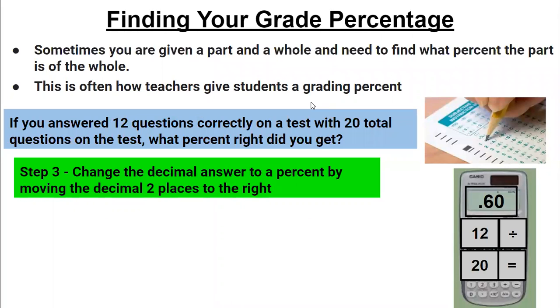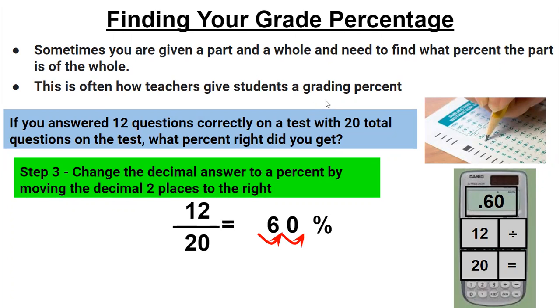We move the decimal 2 places to the right. Anyways, 12 over 20 equals 0.6. Let's move that decimal 1 spot and 2 spots, and the new decimal goes there, and the old decimal disappears, and then we put the percent sign there, and we hide the decimal because we don't need to put a decimal after a number, right?